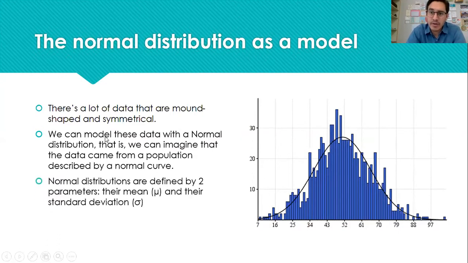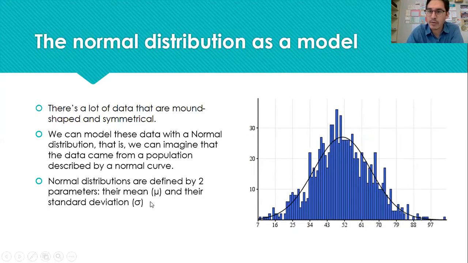All right, so because the normal curve is going to represent a population, we're going to use parameters to describe or define it. So normal distributions are defined by just two parameters, the mean, and we use the Greek letter mu, and the standard deviation, in which we use the Greek letter sigma. Whenever we're talking about parameters, we often use Greek letters to represent them.